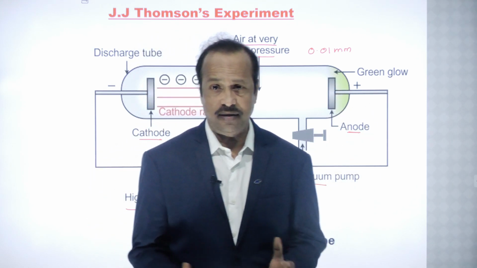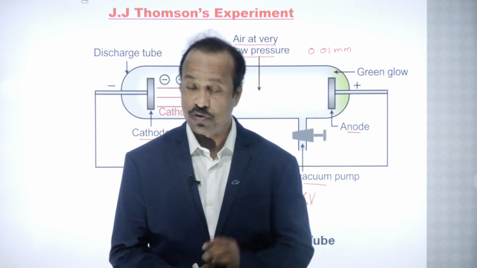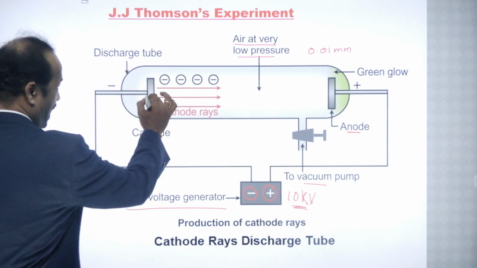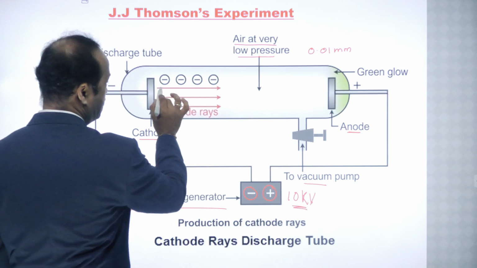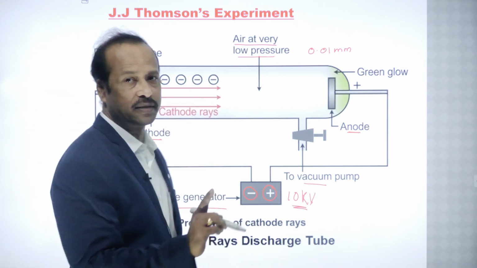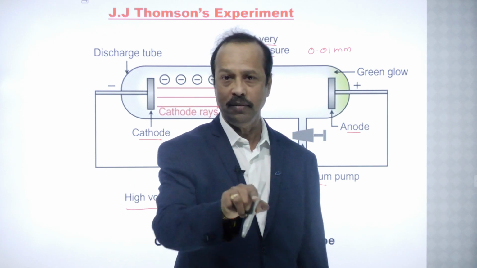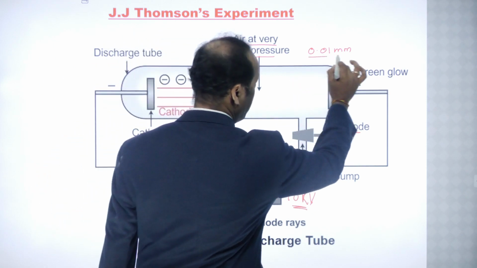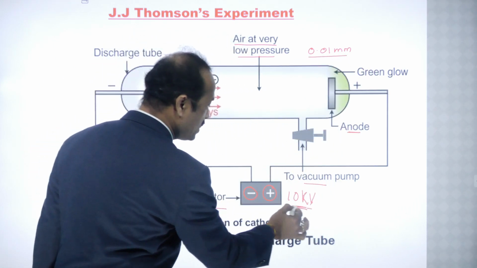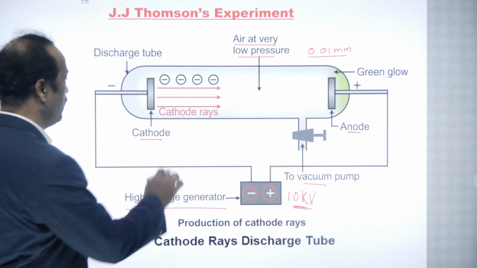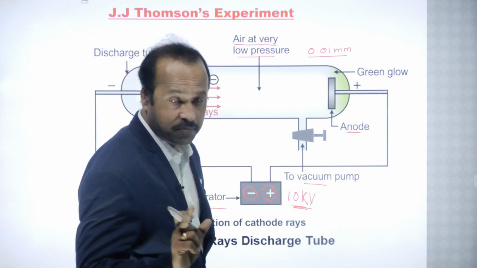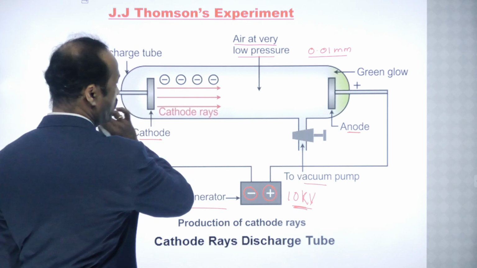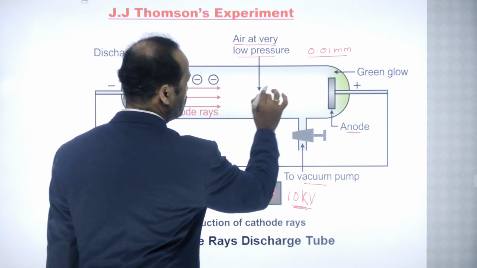So from where has this glow come? To explain this, J.J. Thomson said that from the cathode, negatively charged particles, which are later proved as negatively charged, I'll explain in the properties. When the pressure is maintained at 0.01 mm and voltage at 10 kilovolts, invisible particles, which are called cathode rays, are emitted from the cathode and travel straight towards the anode.